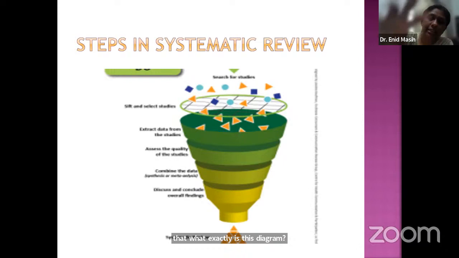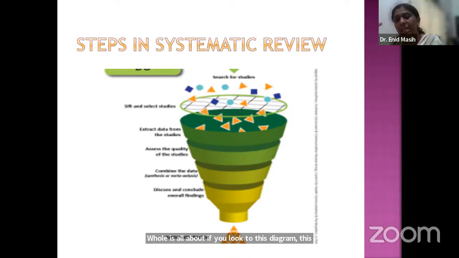This can be a representation of a filter where different types of studies are entering that filter, and in the end we can see a systematic literature review. This is what I'm discussing with you: what is the need of a systematic literature review.